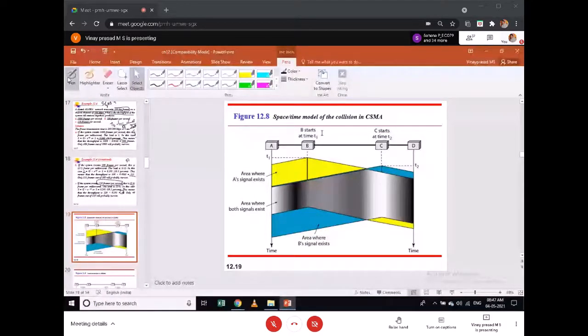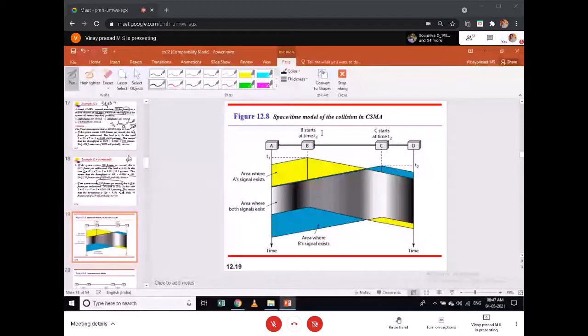So after seeing this ALOHA, we will still lag with the efficiency. At least I get more than 50%. But what was the maximum efficiency I would get in pure ALOHA? Sorry, in slotted ALOHA it is 36%. So we were trying to enhance the rate, which means we have to decrease the collision, because if you don't have that success rate high, and the packets are colliding, then your network is not effective.